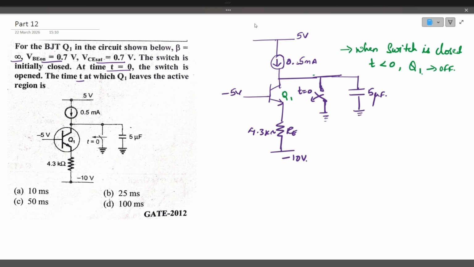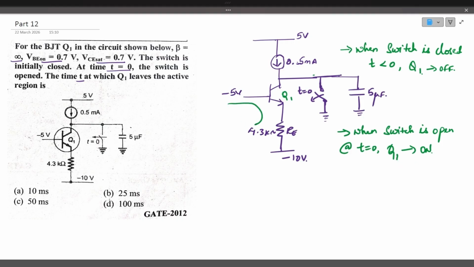So when the switch is open at t equals 0, Q1 becomes on and it remains in the active region. Now, at this instant, Q1 is on.